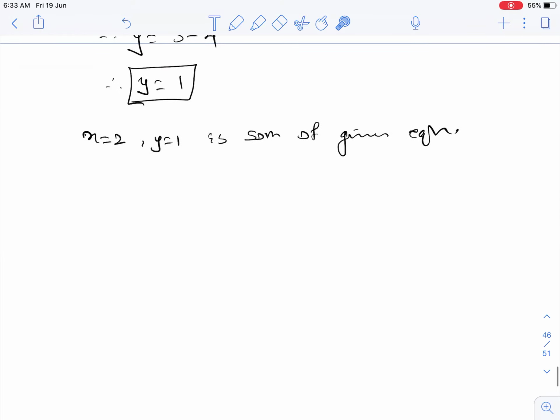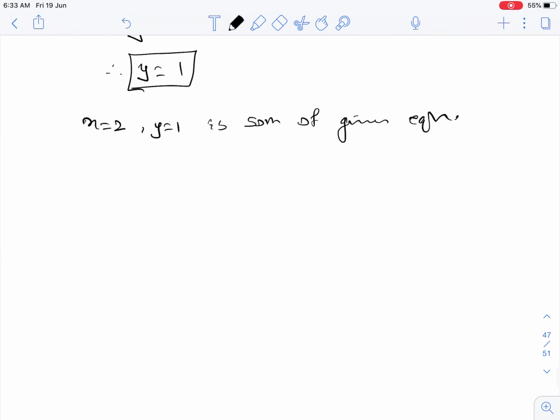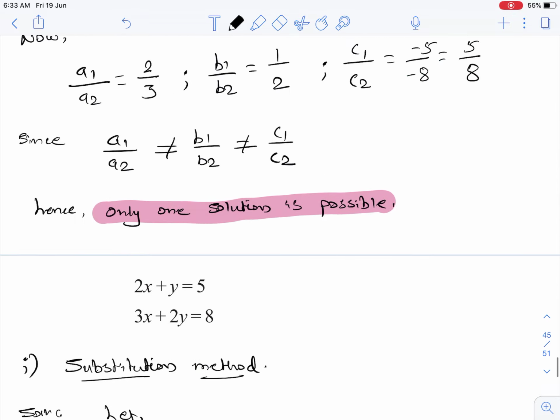So now let us solve it by the second method, that is the elimination method. First let us copy that question.